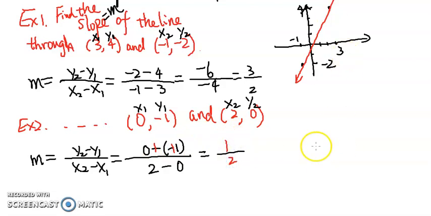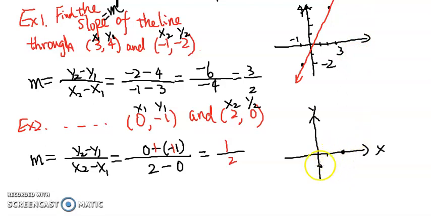So let's sketch our graph here. First point is 0, -1. When x equals 0, y is equal to -1. So that's the first point. Second point is 2, 0. When x equals 2, y equals 0. And remember, these two are called the y-intercept and x-intercept.